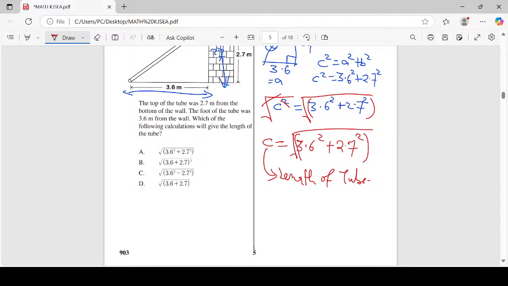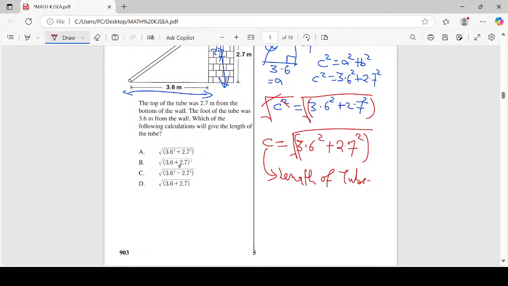Let's see. Choice A, 3.6 squared plus 2.7 squared, then square root. That's correct. Choice B is not correct. Look at where the square root is.